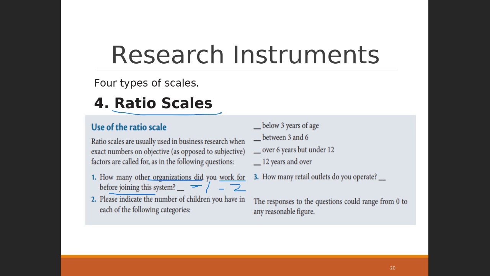The minimum answer could be 0, meaning you have never worked for any organization, but the answer could never be -1 or -2. Indicate the number of children: the answer can be 0, but it cannot be -1 or -2. So this is the ratio scale. When you want exact answers, you can use ratio scales.